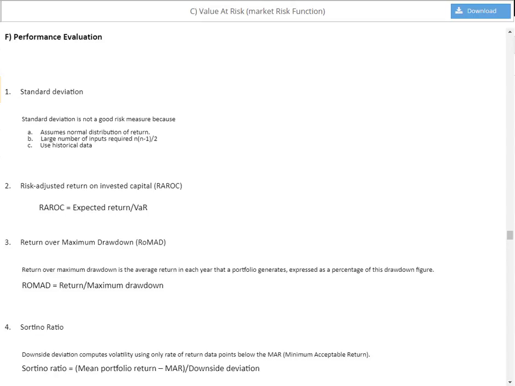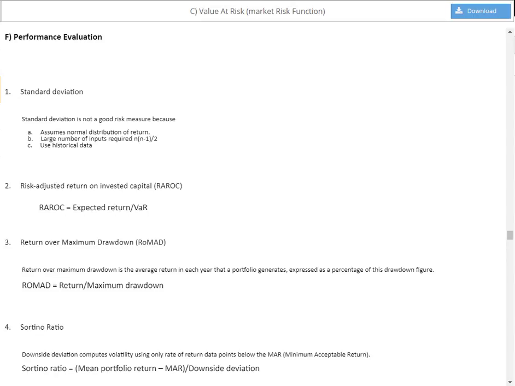One of the key ratios is standard deviation, but it's not a good risk measure because it assumes normal distribution of return, and we know instruments like options and derivatives, their return is not normally distributed, so it's not a good measure. Large numbers of inputs required, so n minus 1 divided by 2, that's the total number of inputs required.